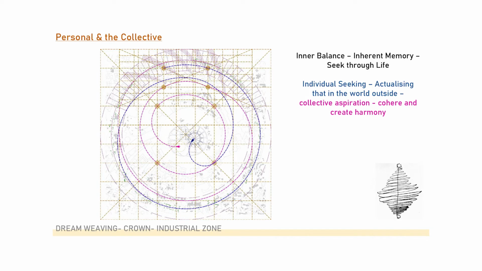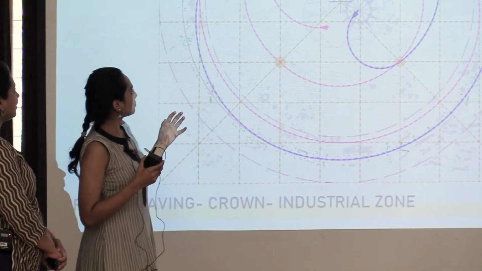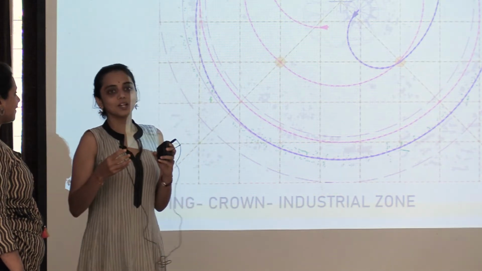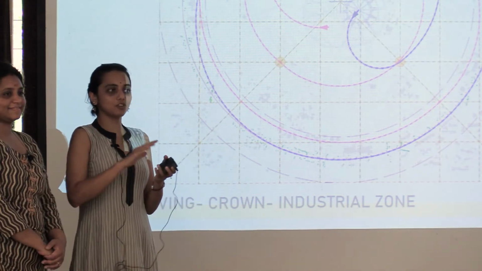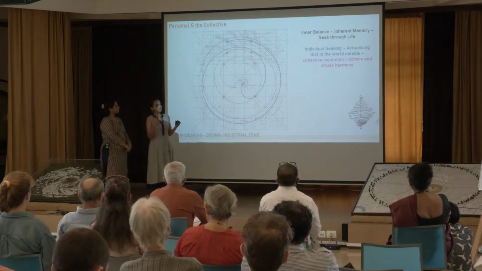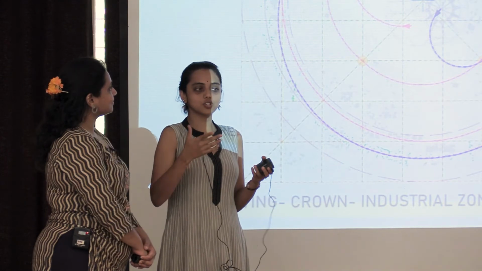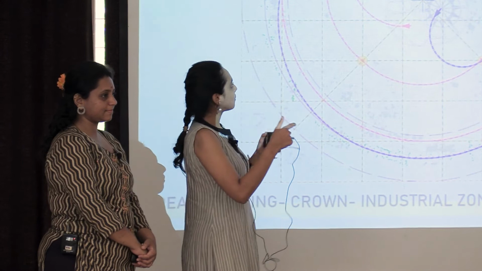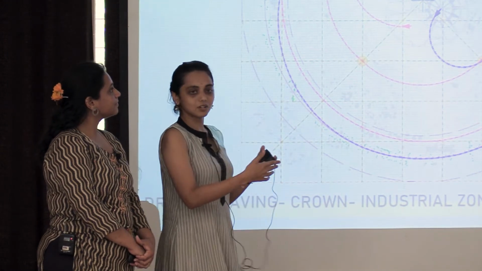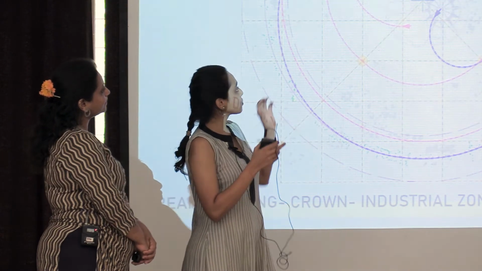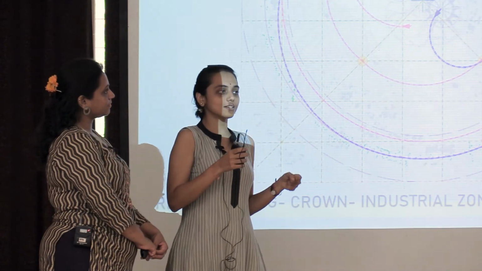Next. So what we also strongly looked into was this: we are all a manifestation of the one, the absolute, and we all represent something. And constantly we are trying to find the balance, which is inherently in our memory, but throughout life we are constantly trying to seek that initial balance.